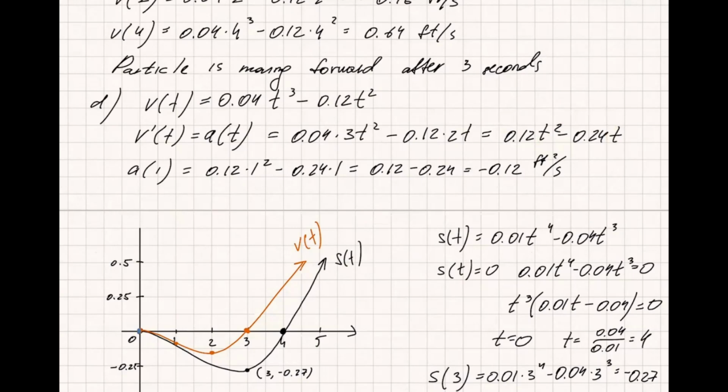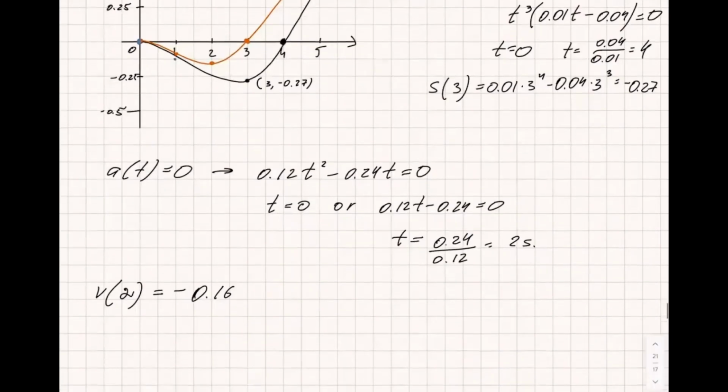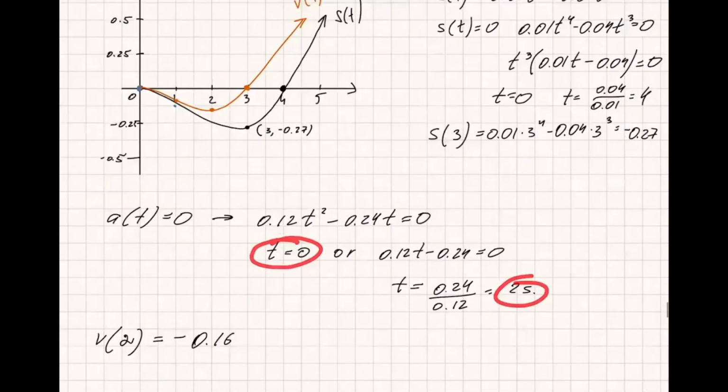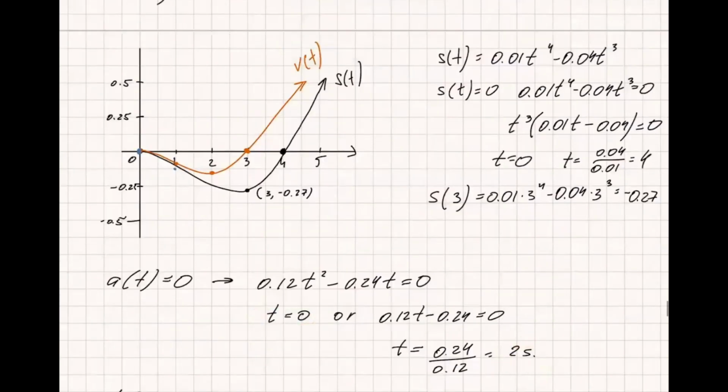Then I also have (1, negative 0.12), which is probably somewhere here, in the middle. We just calculated that acceleration is equal to 0 at 0 and at 2 seconds. So let me mark that on my graph.